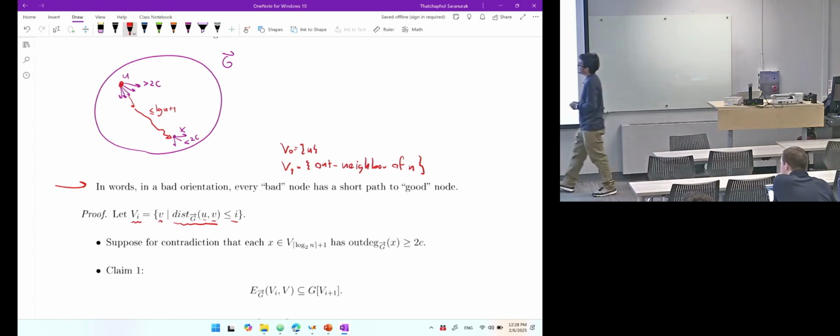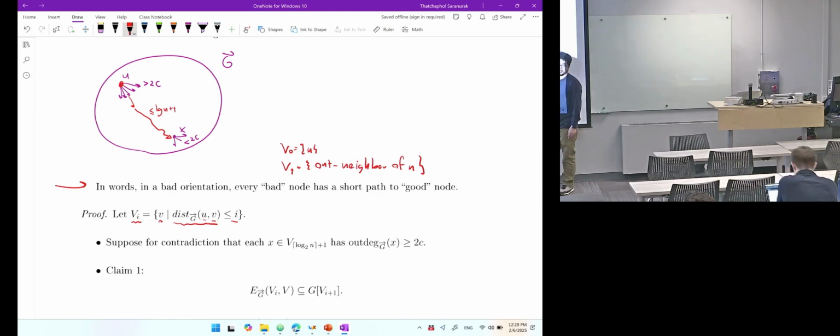And suppose that this is not true. Suppose that I cannot find a short path to X. Okay. It means what? Suppose, for contradiction, that every node X in this set must have large out degree. Right?